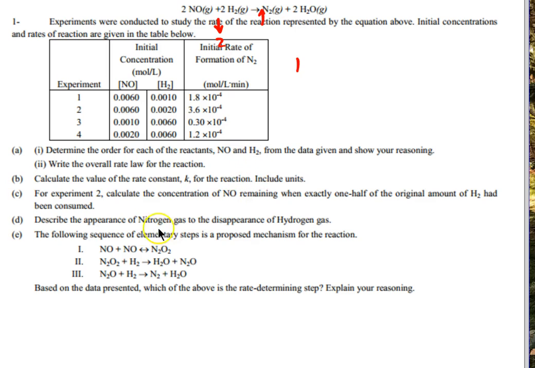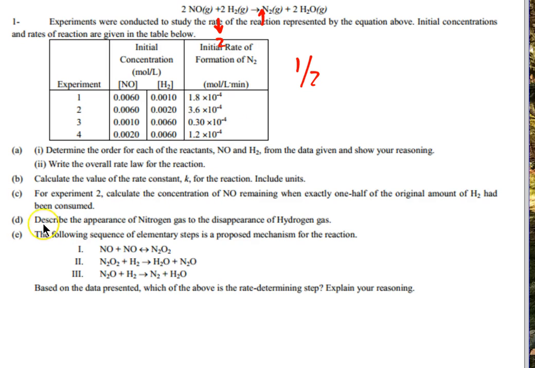So you can say the appearance of nitrogen, it appears at 1/2 the rate that hydrogen disappears. If it was reversed, you'd say that hydrogen is consumed twice as fast as nitrogen is made. So you're just describing the coefficient ratios just in words. Okay. Are we okay with that?